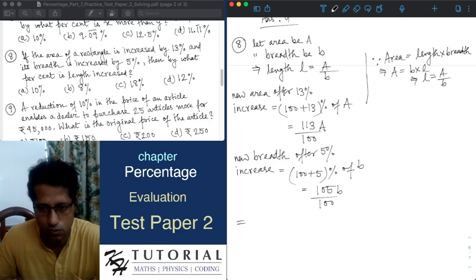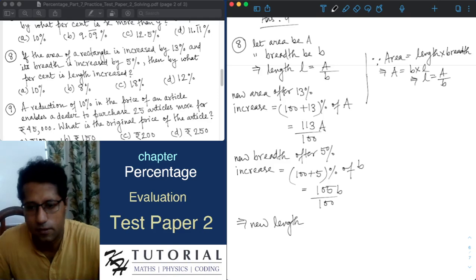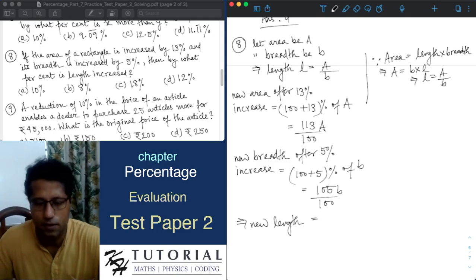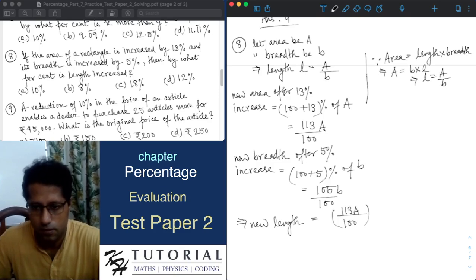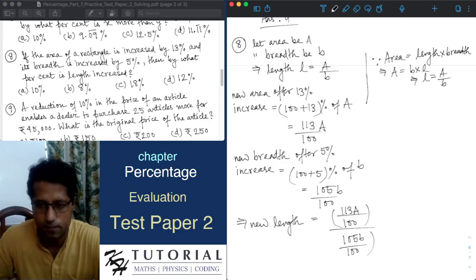So this implies the new length will be equal to new area by new breadth, that is 113A by 100 divided by 105B by 100.